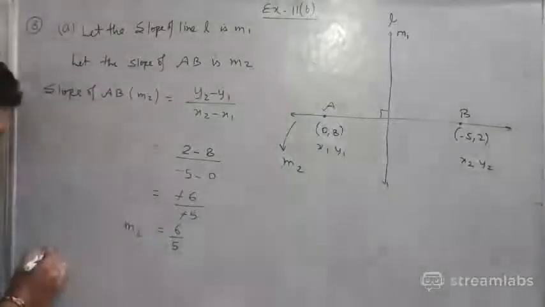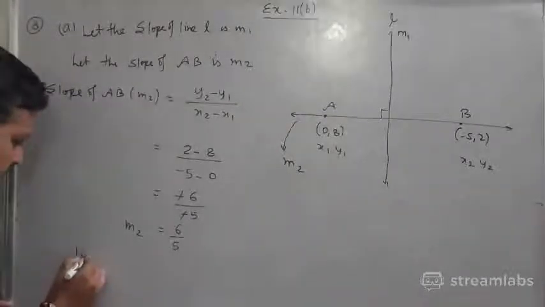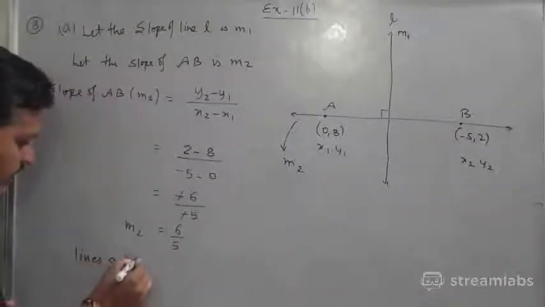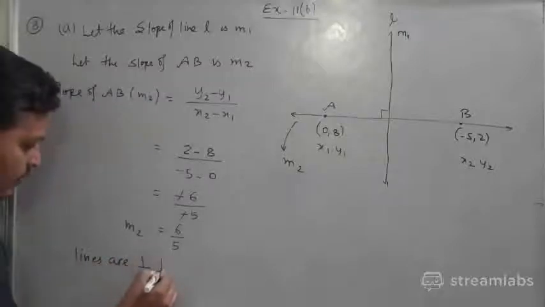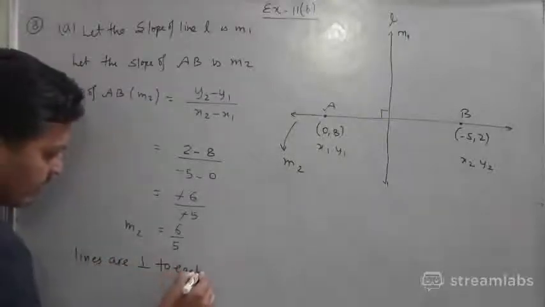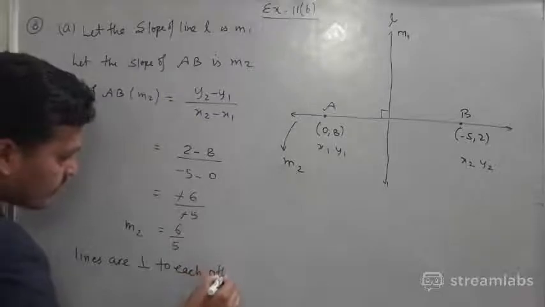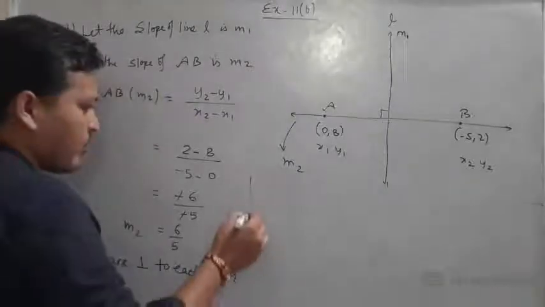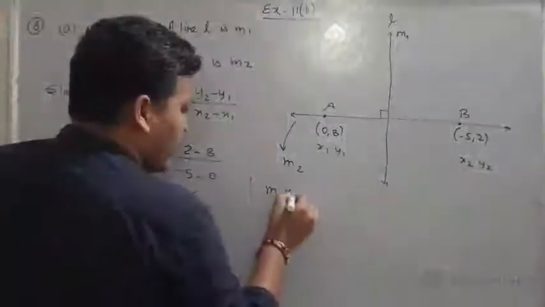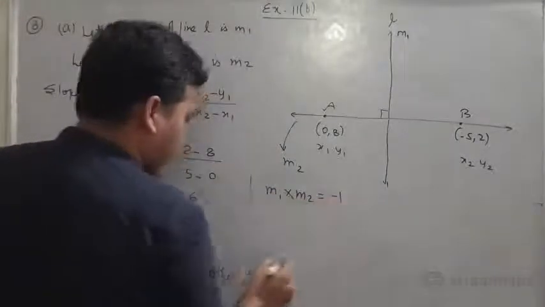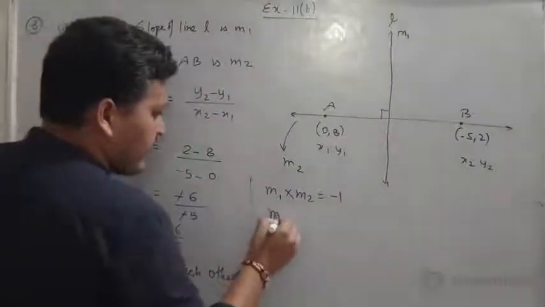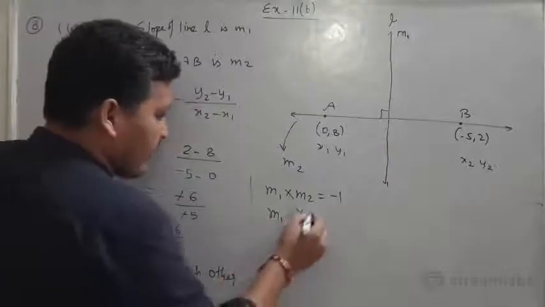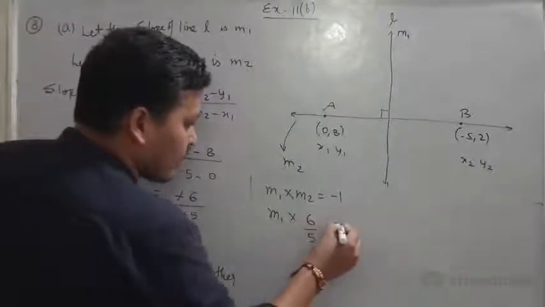And since the lines are perpendicular to each other, the relation between their slopes is m1 into m2 is equal to -1. What is m1? It is not given, we need to calculate m1 here. m1 into 6 upon 5 is equal to -1.